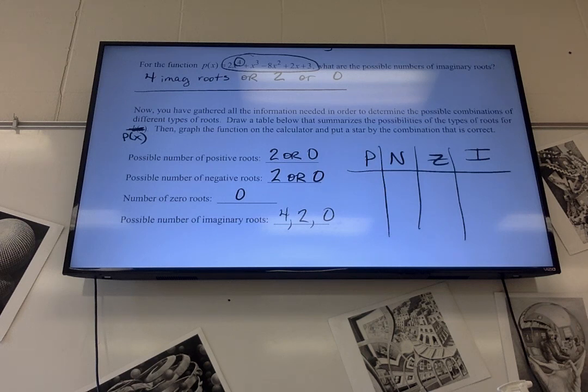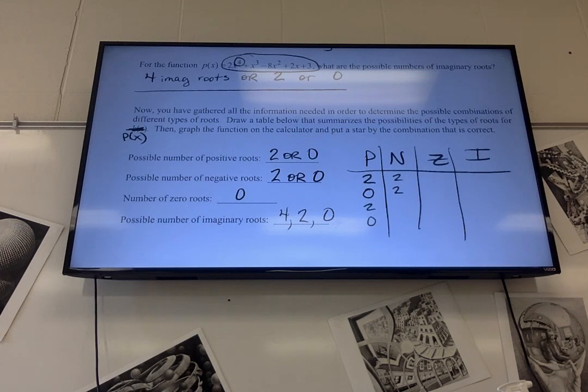Okay, so we could have 2 or 0 positives. And with those 2 or 0 positives, we'll think about it this way. With the negatives, it could also be 2 or 0, so we're going to put 2 for each of those first.